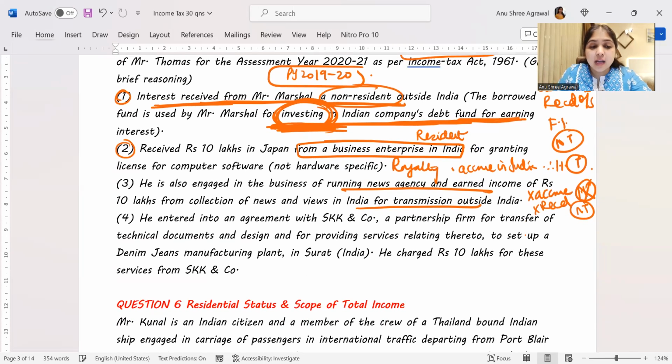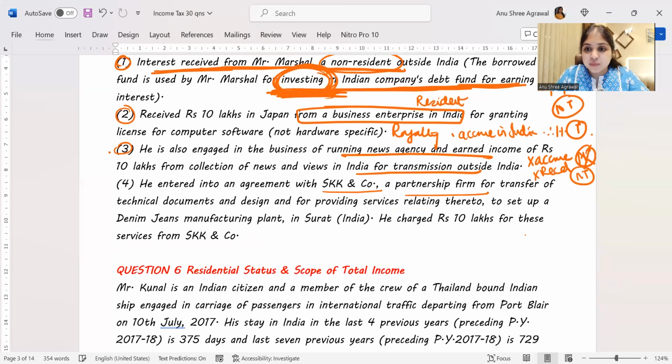Right, guys. Then coming to the last subdivision, he entered into an agreement with SKK & Co., a partnership firm, for transfer of technical documents and design and for providing service relating thereto to set up a denim jeans manufacturing plant in Surat, India. He charged 10 lakh for these services. What is this? Fee for technical services. It always depends upon who the giver is. Who is the giver over here?